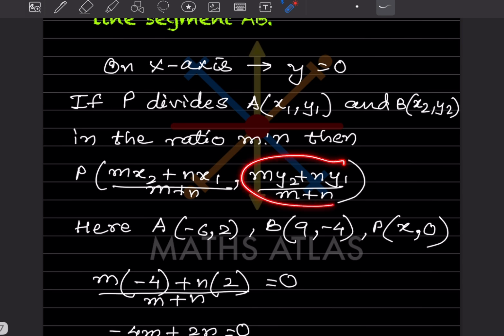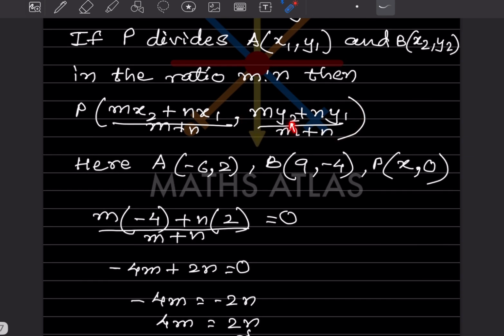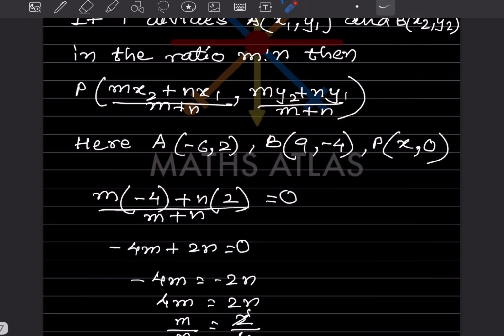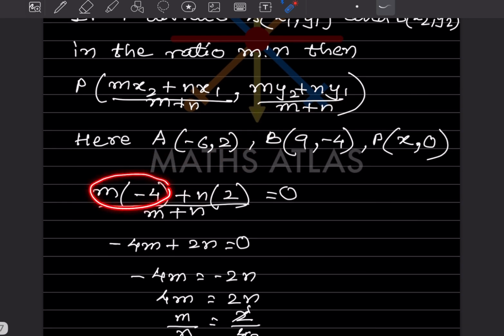So now we'll plug it in. We know this is x1, y1, and this is x2, y2. So this m will be as it is, y2 is minus 4, this n will be as it is, and this y1 is 2, divided by m plus n, is equal to 0. So now we can see that minus 4m plus 2n, this will go on this side, so 0 into m plus n, that is going to be 0.